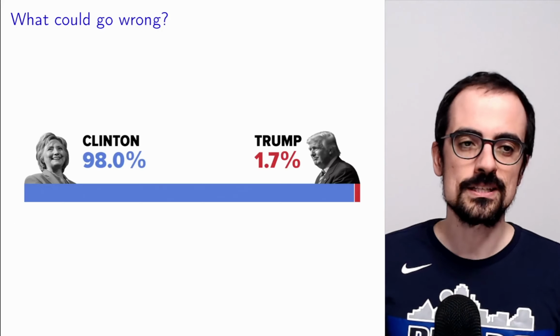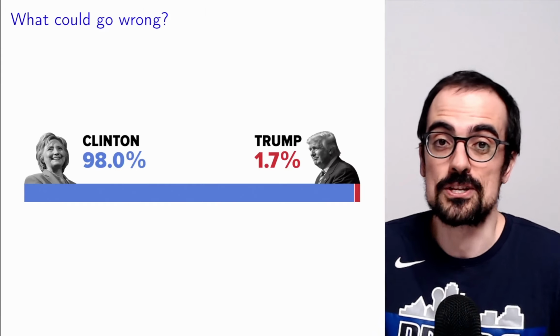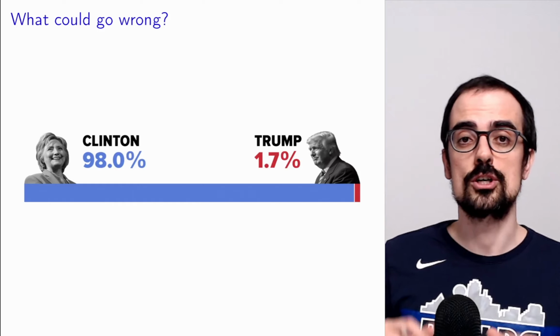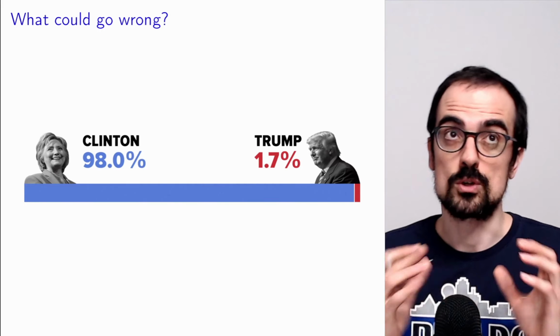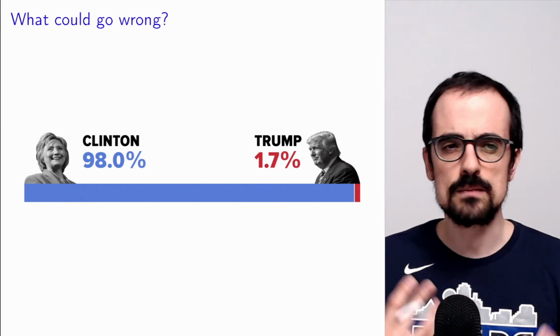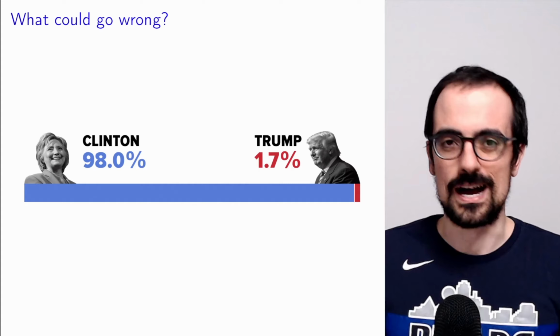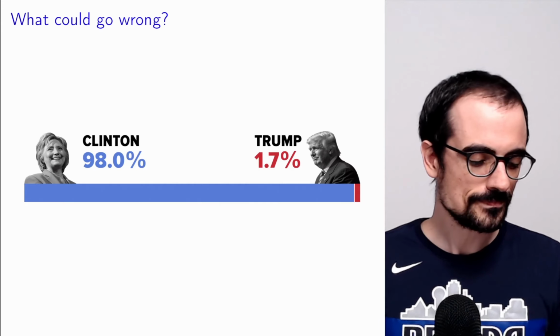Well, what could go wrong is that you could end up with a really bad prediction because the independence assumptions might not hold. And we're going to work through a very simple example that hopefully will show you why this could be the case.